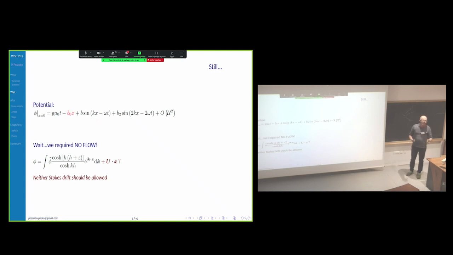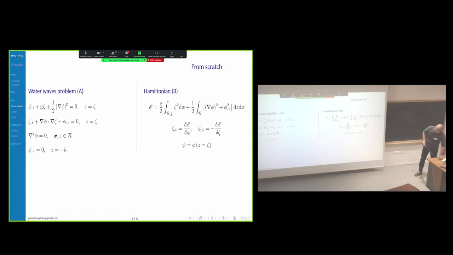And these misunderstandings create some singularities here and there in the canonical transformation and that current. So start from scratch.